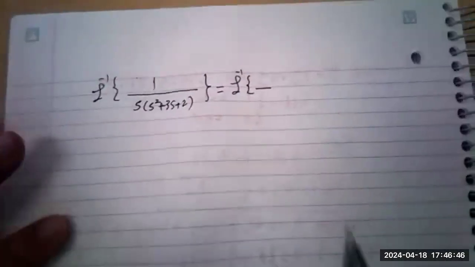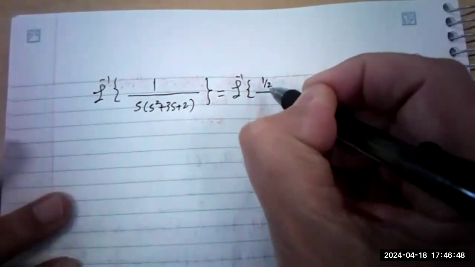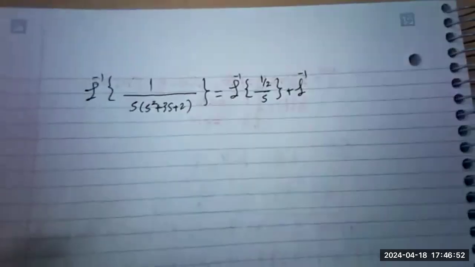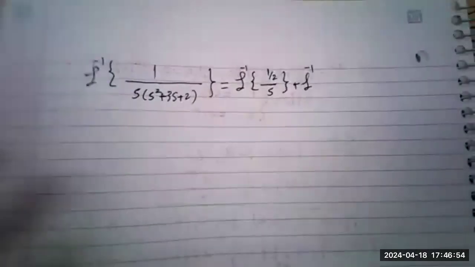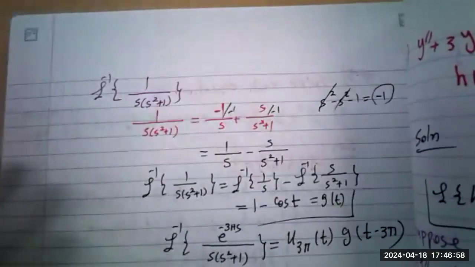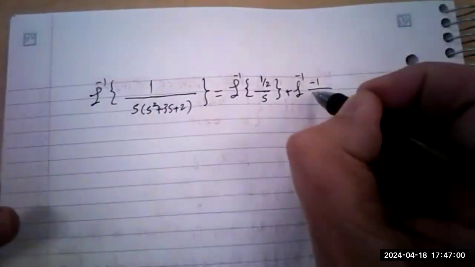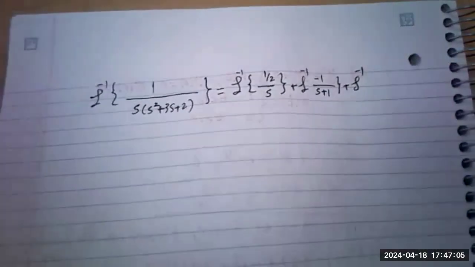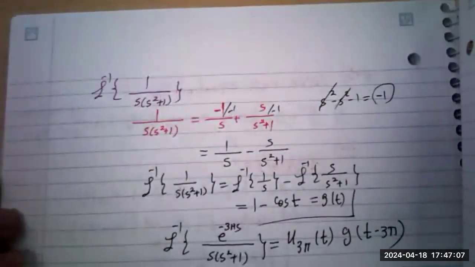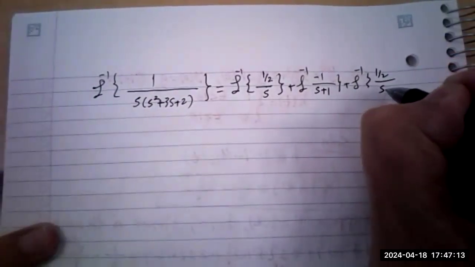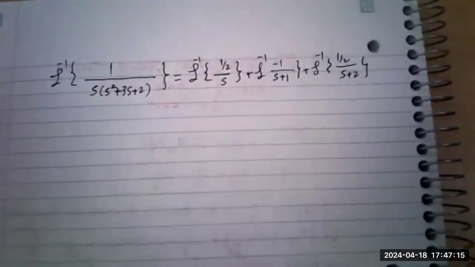Okay, A1 is 1/2, 1/2 over s. Okay, the next one, Laplace inverse of A2, which is a negative 1, so it's negative 1 over s plus 1. And the last one, A3 is 1/2, okay? 1/2 over s plus 2. That's it.